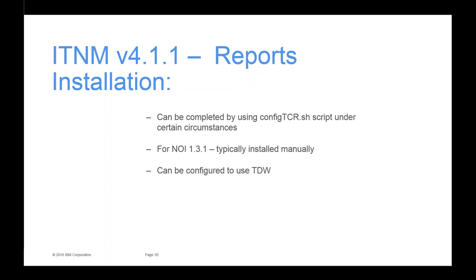Typically, if you were installing NOI 131, you had to install this manually. In other words, you had to run the commands to copy over files and create data sources manually. And then with the 4.1.1, it still used the TDW. You could use the TDW as a storing option for your poll data.